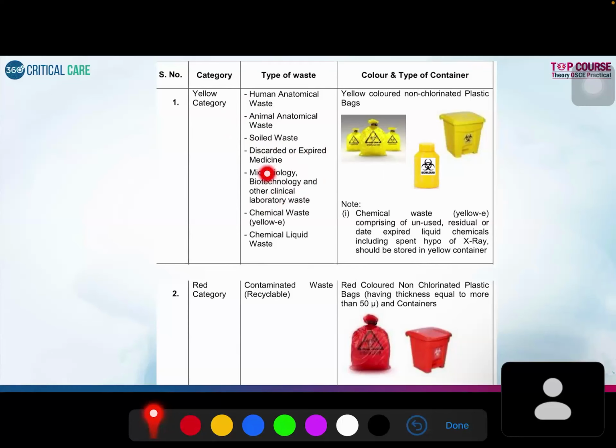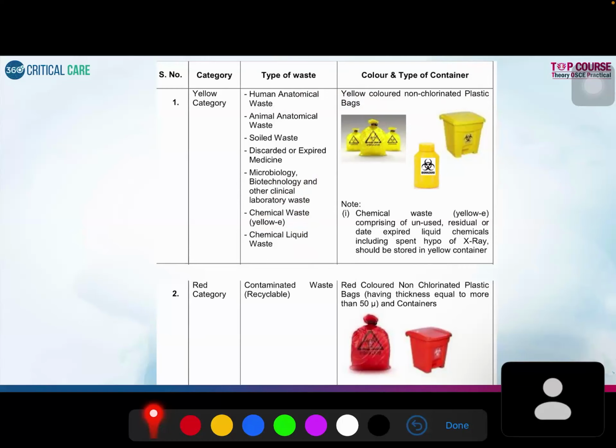All of this includes those things which are used in the lab while processing samples, even leftovers of the culture plates, or the leftover samples which have been processed for testing in the lab. All of this is included in your yellow category. Then comes your chemical waste, which is solid and liquid both. The type of container they have said is a yellow colored non-chlorinated plastic bag.